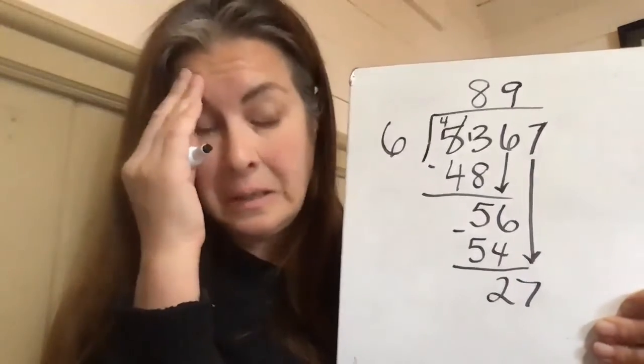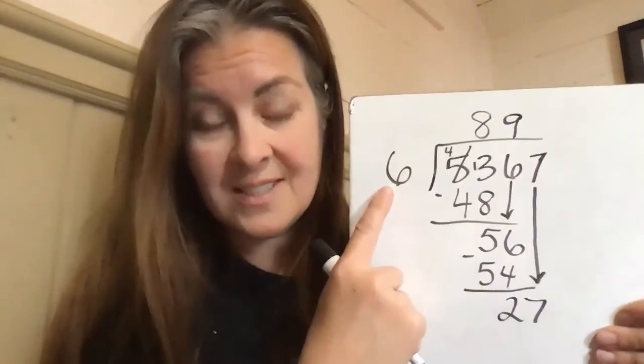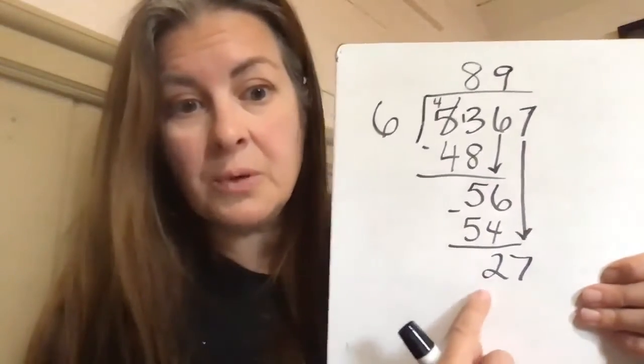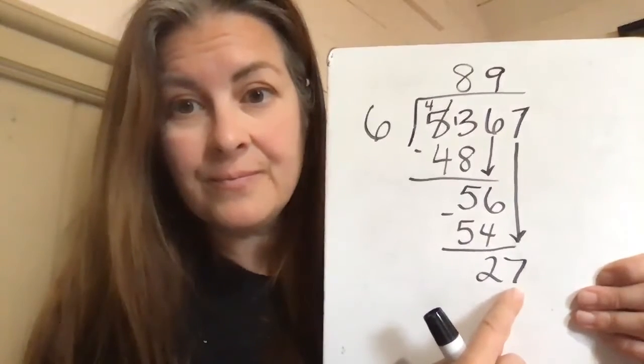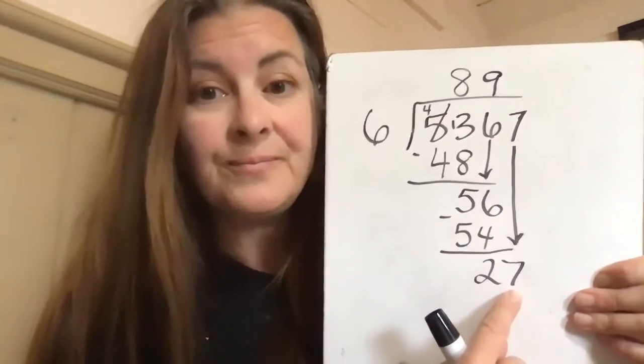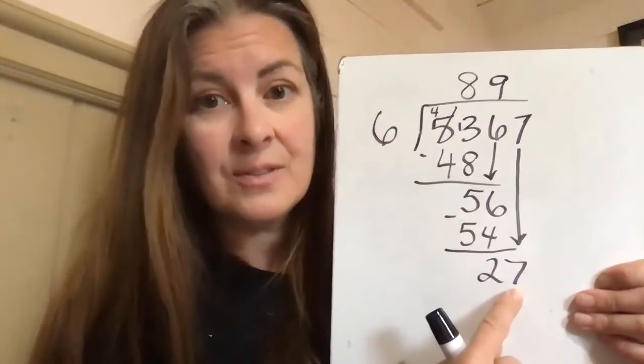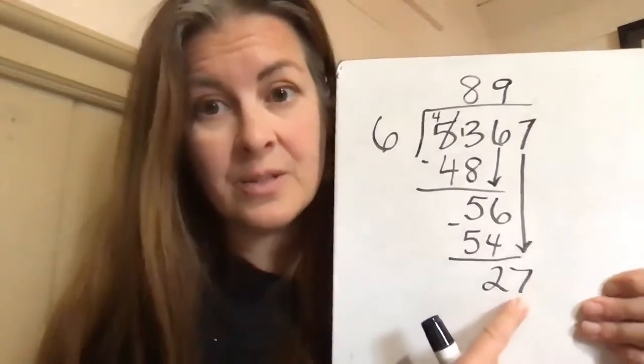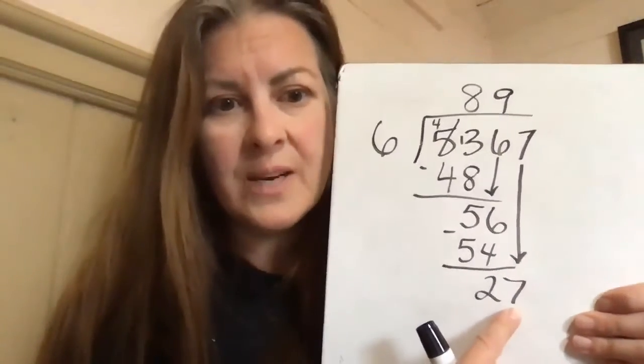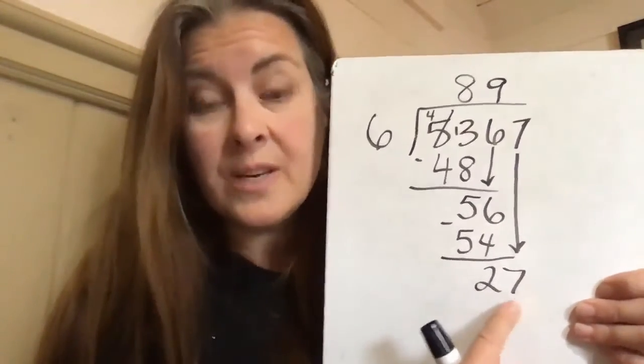Now we need to know our multiples of 6. What's the closest multiple to 27? It's 24. What I'm telling the kiddos in our classes is, how many 6 beads do we need to get close to 27?